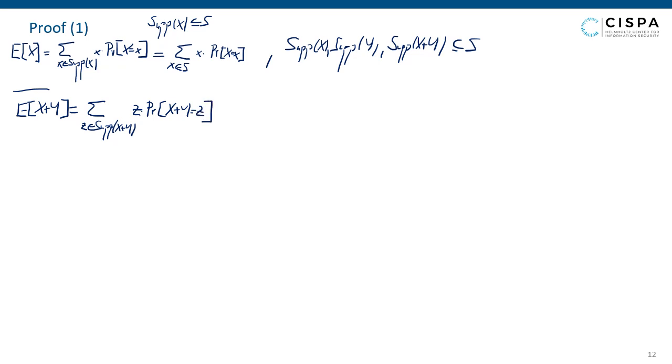Okay, so the first thing that we're going to do now is we're going to rewrite this probability of X plus Y equals z. Let's do that now.